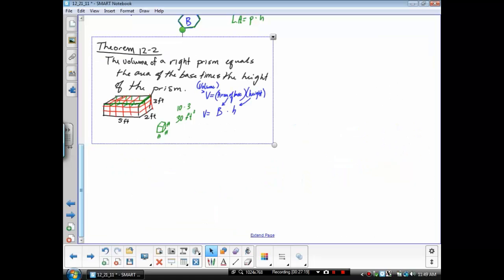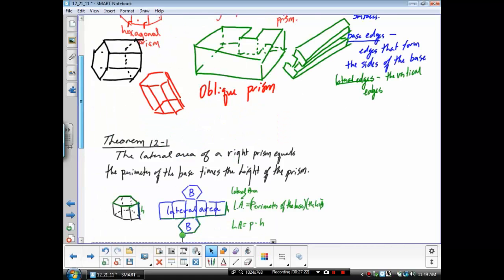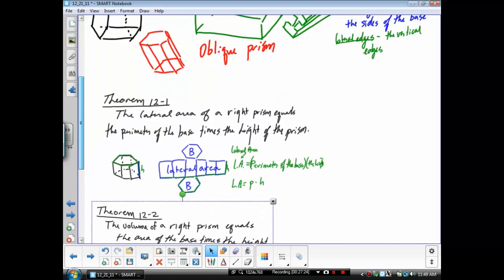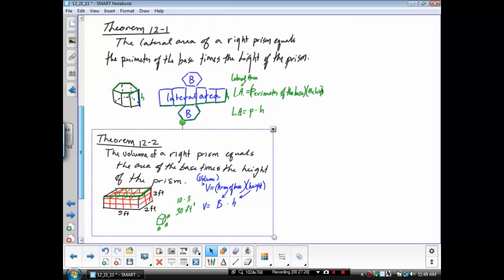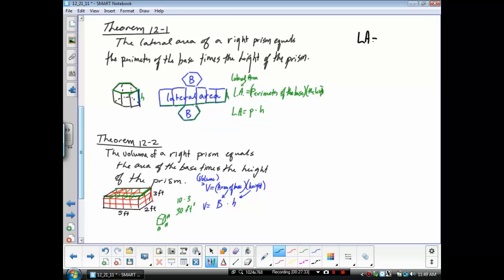We need to talk about total surface area now. We have here 2 formulas for our prism. We have the lateral area is the perimeter of the base times the height. We have the volume is the area of the base times the height.